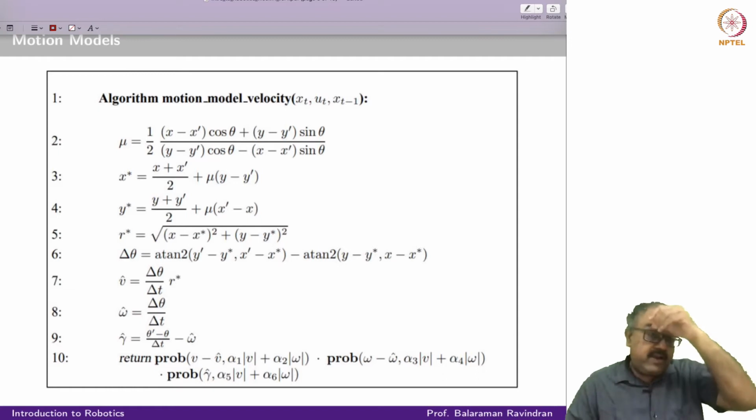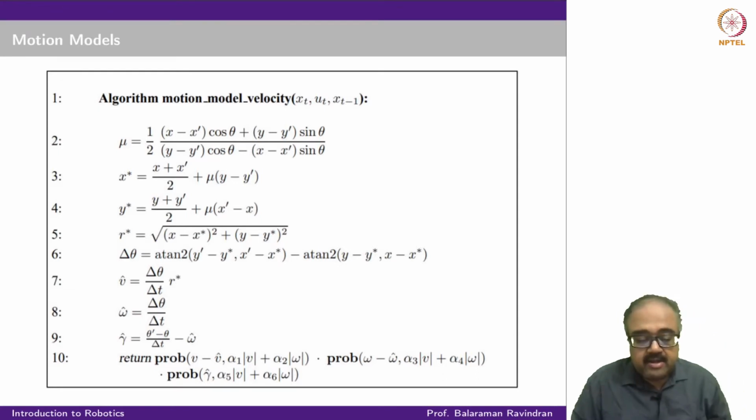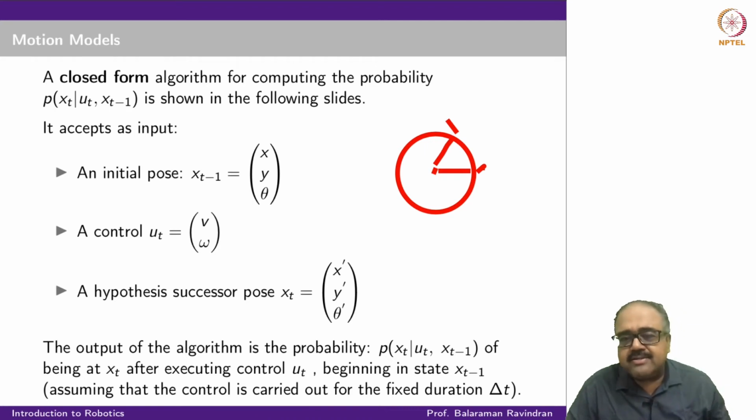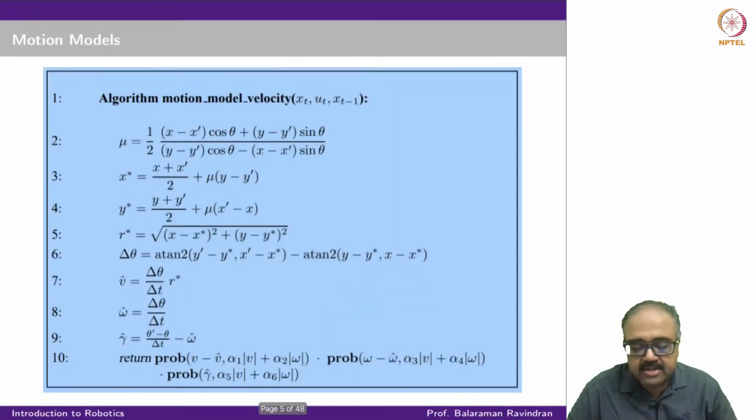So what we have to first find out is the center of the circle that I am going to be moving along. But notice that this whole idea of moving along a circle is fine as long as I have no noise in the world. If I have some kind of noise, then this is not going to be exactly the motion that I'm going to execute, so we'll have to figure out what the actual motion that I'll execute will be as well.